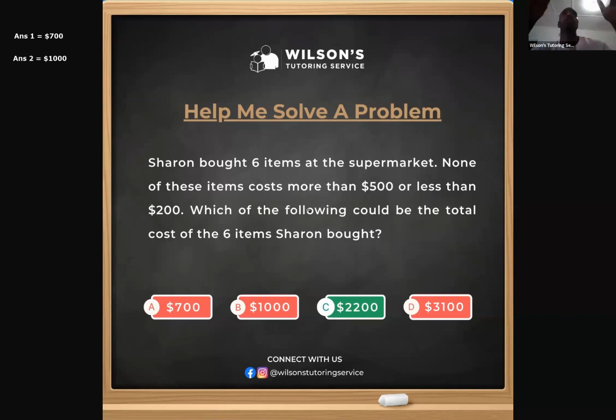So what this question is saying is that Sharon purchased some things, and none of them cost more than, say, if one item is greater than $200, but the cost price is less than $500.